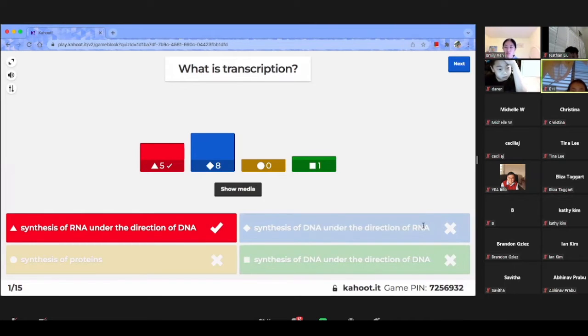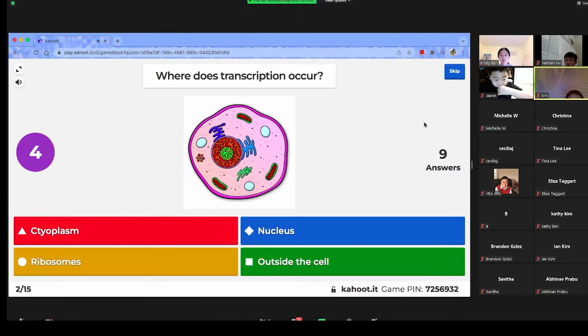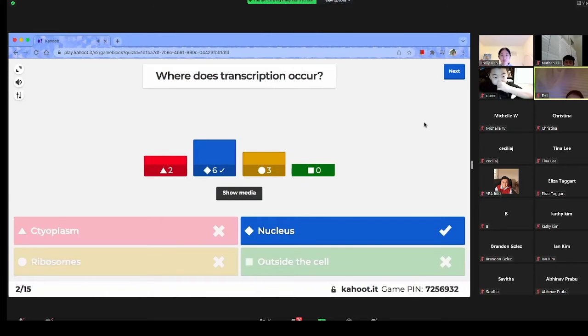And this one would be retrotranscription. That's what happens in some viruses that use reverse transcriptase. That's translation. Where does transcription occur? It happens in the nucleus.